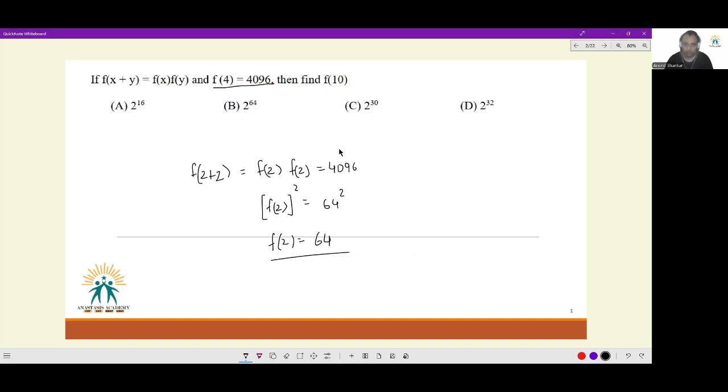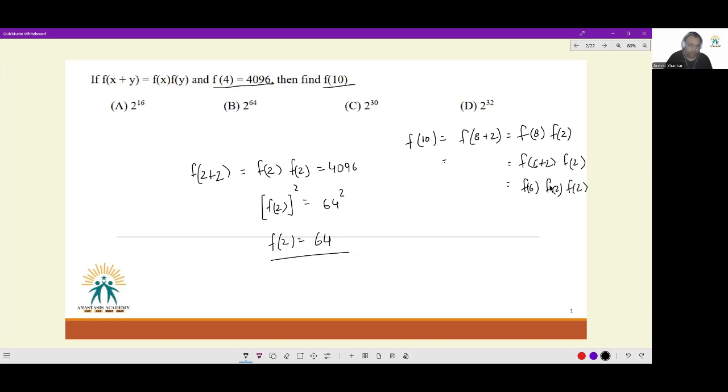Now, moving on further, we have to find out f(10). Now see, I can write it as f(8 plus 2), which will make it f(8) into f(2). This f(8) can be written as f(6 plus 2) multiplied by f(2) on the outside. Now this 6 plus 2 can be broken down as f(6), f(2), f(2).